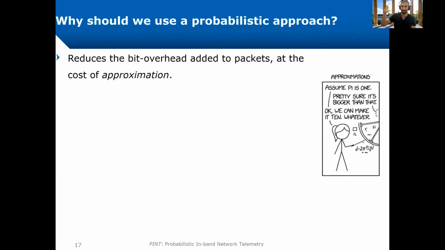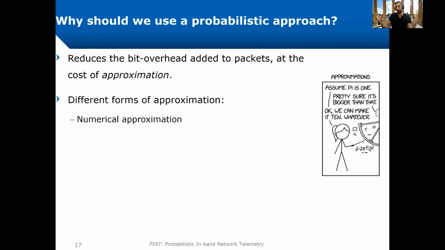But let me first try to explain why we believe a probabilistic approach is the right way to go. Very roughly, these probabilistic techniques I'm going to talk about reduce the number of bits you add to each packet at the cost of approximation. And you can think of approximation like something in this figure, but there are different types of approximation we use in PINT.